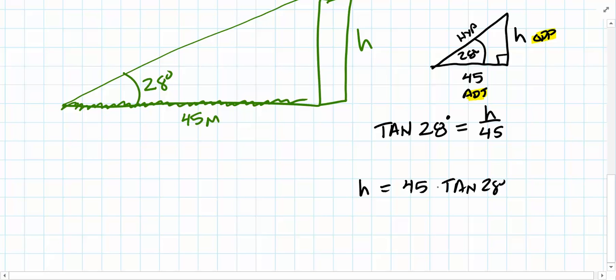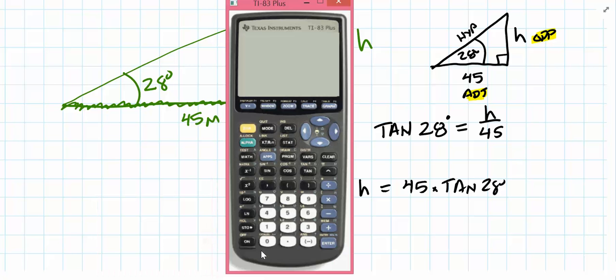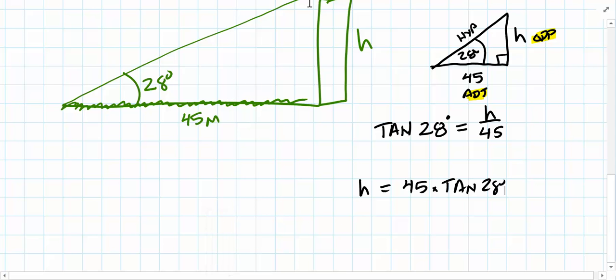So we go to our calculators and plug in 45 tangent 28. Therefore, H is approximately 23.927.